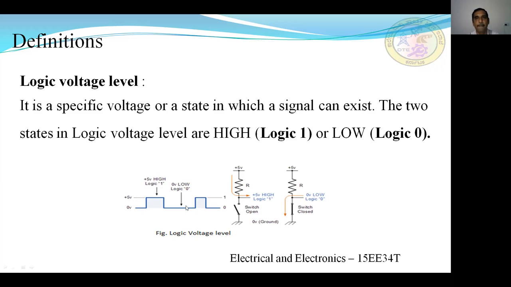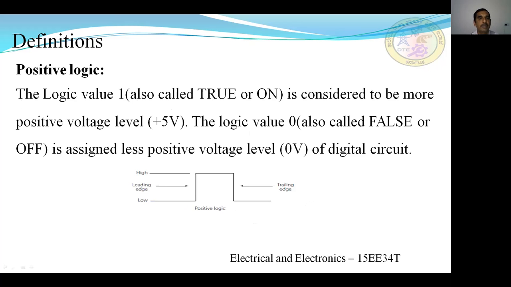In positive logic, logic value 1, true or on, is taken as plus 5 volts, and logic value 0, false or off, is taken as 0 volts. Those are the two things.